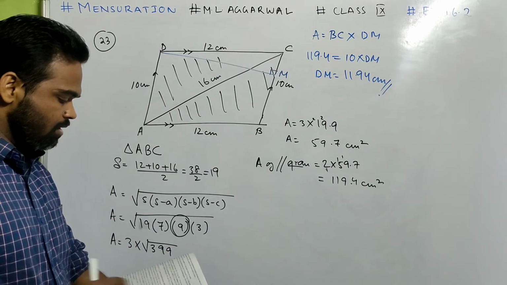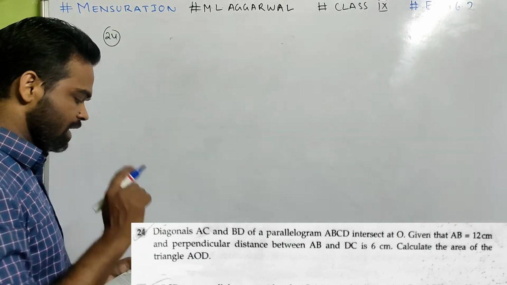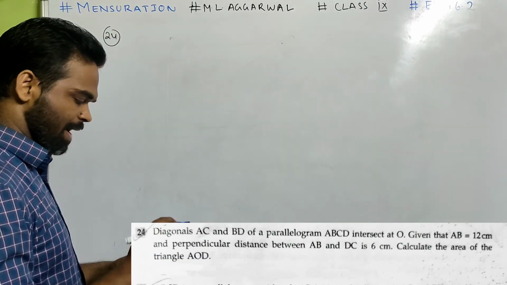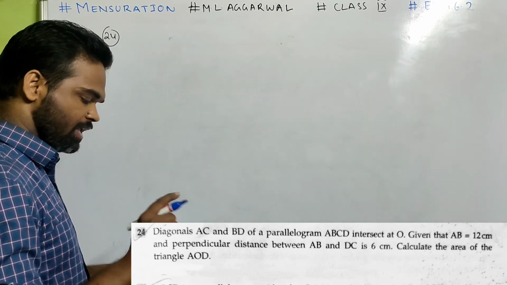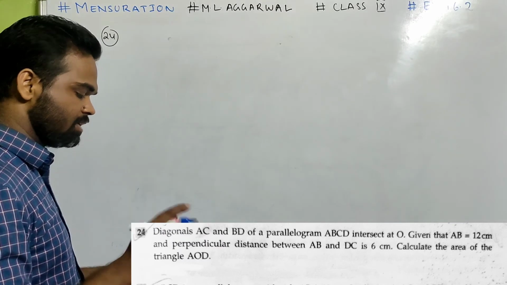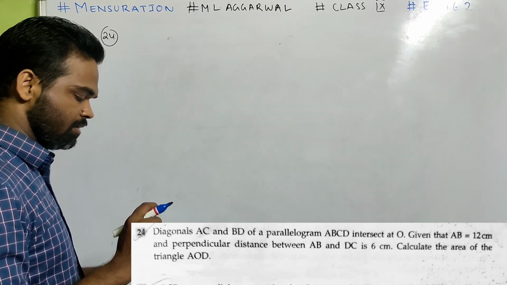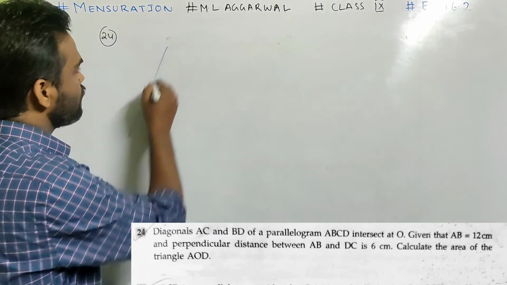Now let us do number 24. Now look at 24. Diagonal AC and BD of a parallelogram ABCD intersect at O. Given that AB is 12 centimeter and the perpendicular distance between AB and DC is 6 centimeter, calculate the area of the triangle AOD. First, draw the diagram.